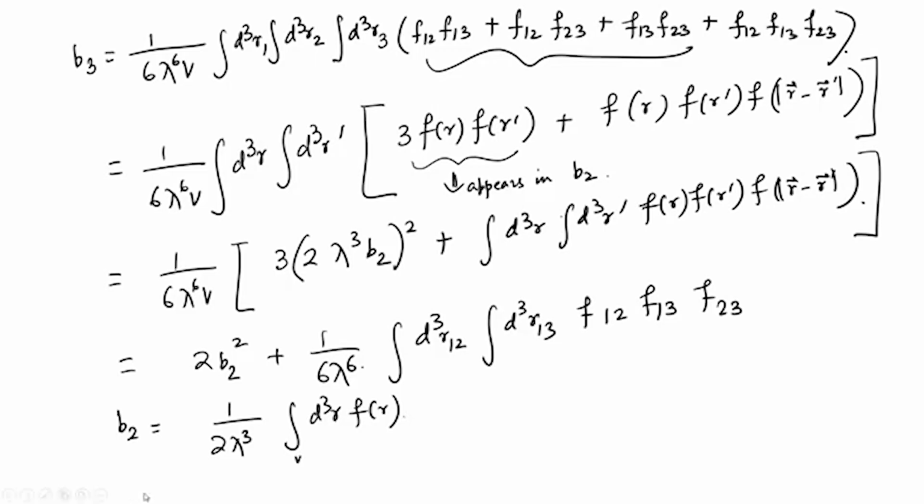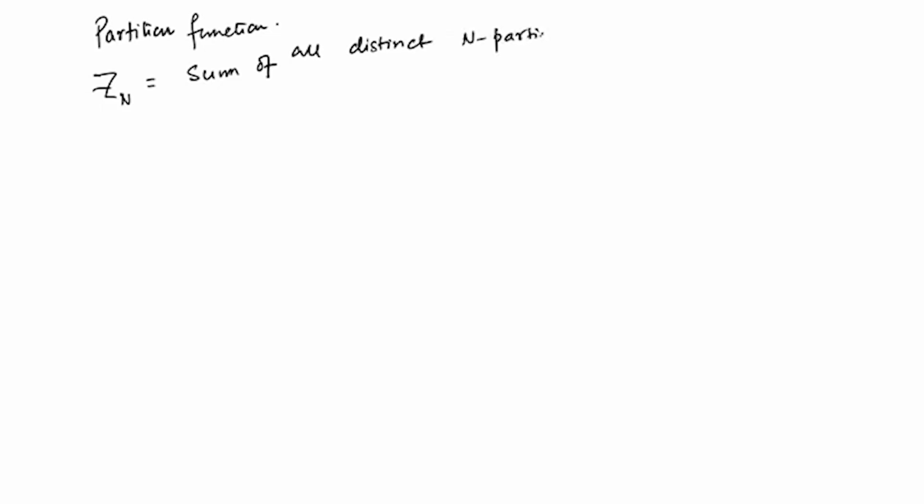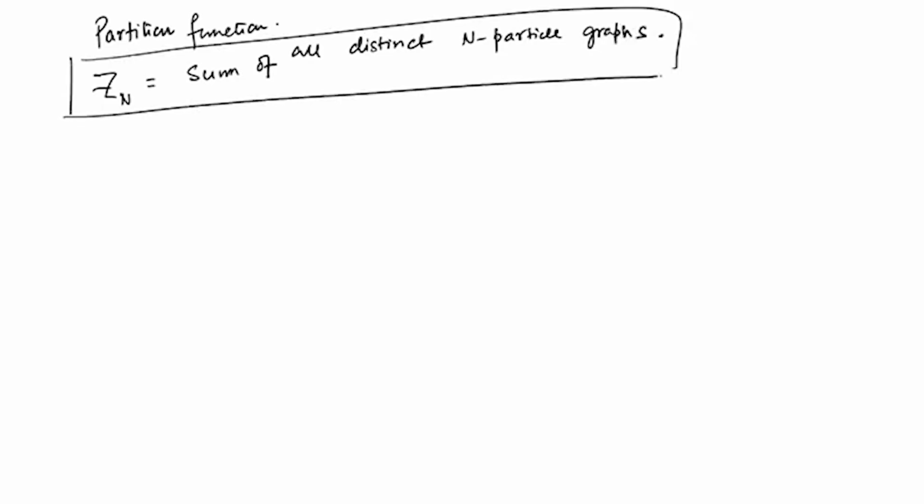Okay. So, the canonical partition function then can be written as Zn, this is for the sake of repetition. So, this is the sum of all distinct n particle graphs. Okay. So, that is the definition of the partition function in this case.